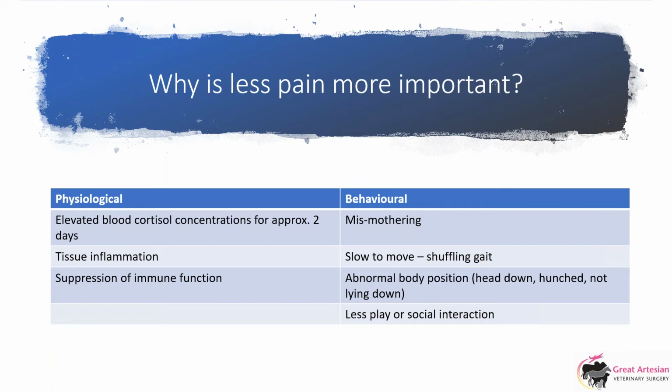These animals that are stressed and in pain are also more prone to infections and poor healing during the stress period. We know that calves that are treated with anti-inflammatories are less likely to record a health event in the weeks following a castration.